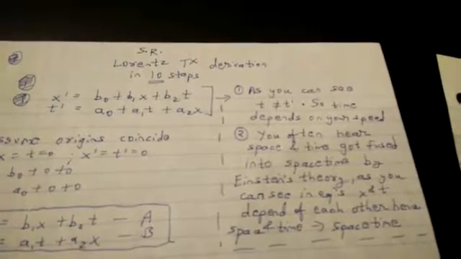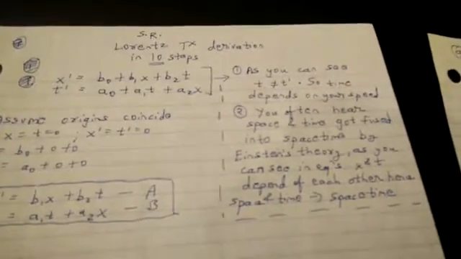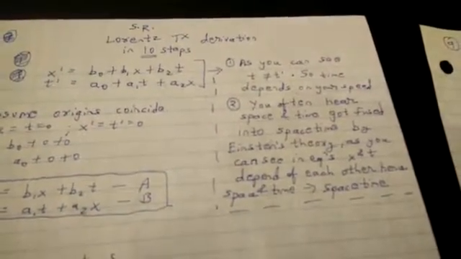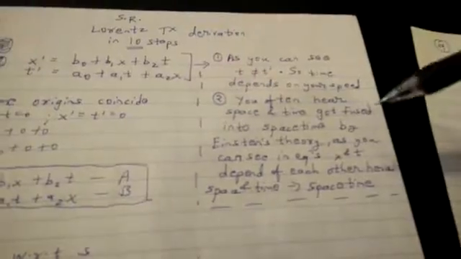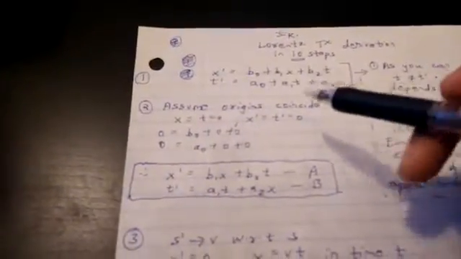So time depends on your speed. You often hear that space and time got fused into space-time by Einstein's theory. As you can see in the equations, x and t depend on each other, hence space and time got fused into space-time. So x and t are related to each other, functions of each other.